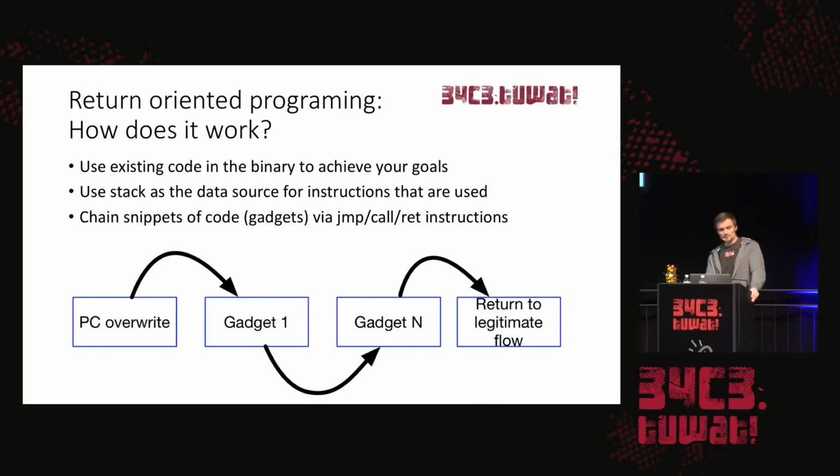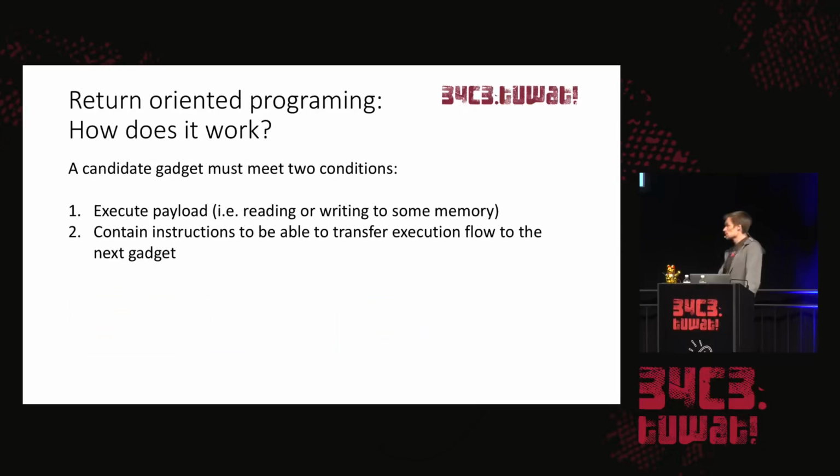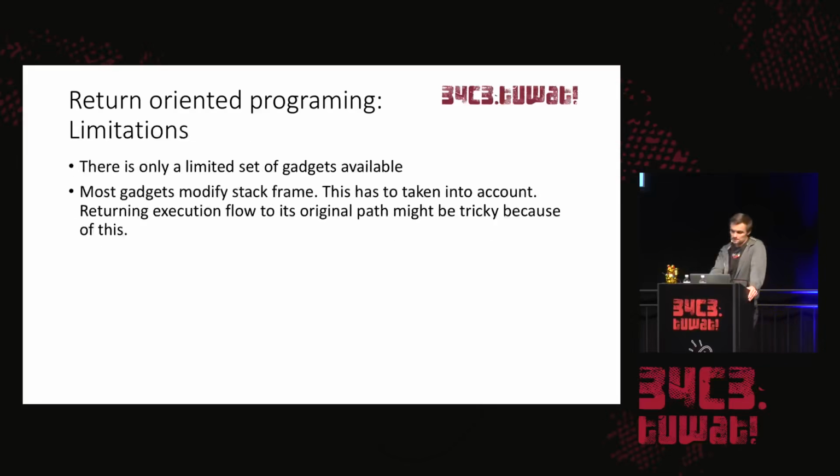Candidate gadgets have to meet two requirements. A gadget has to actually execute our payload, and it also has to contain instructions that will transfer execution flow to the next gadget. Or if it's the last gadget, it should transfer execution back to the SNMP service.